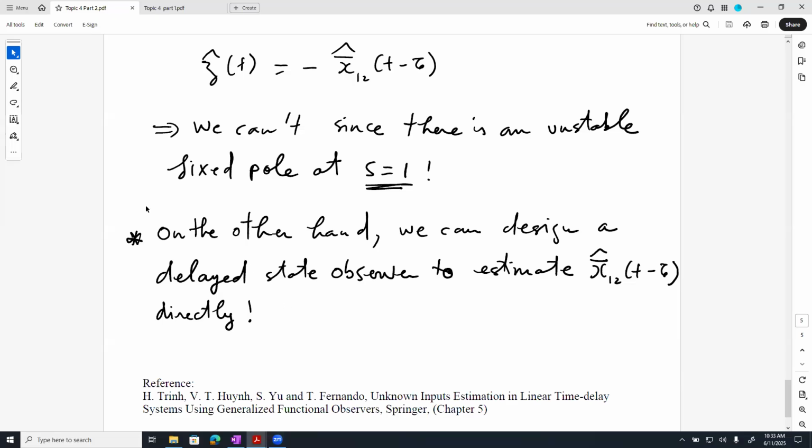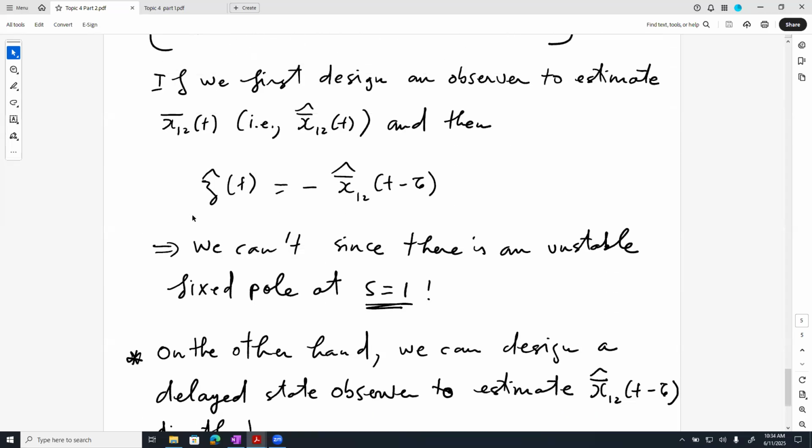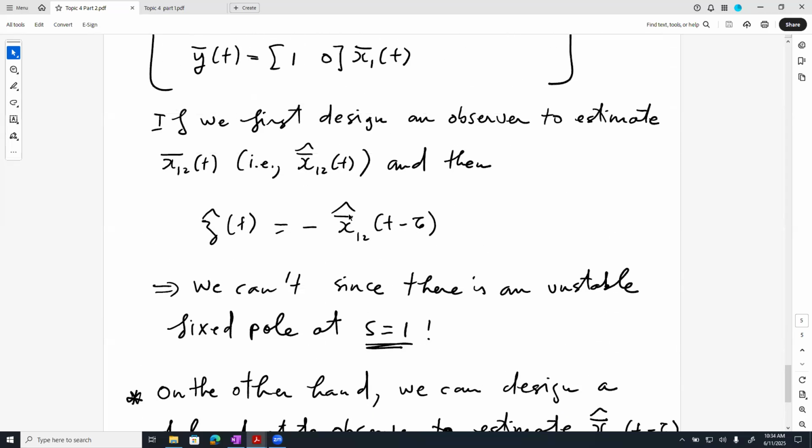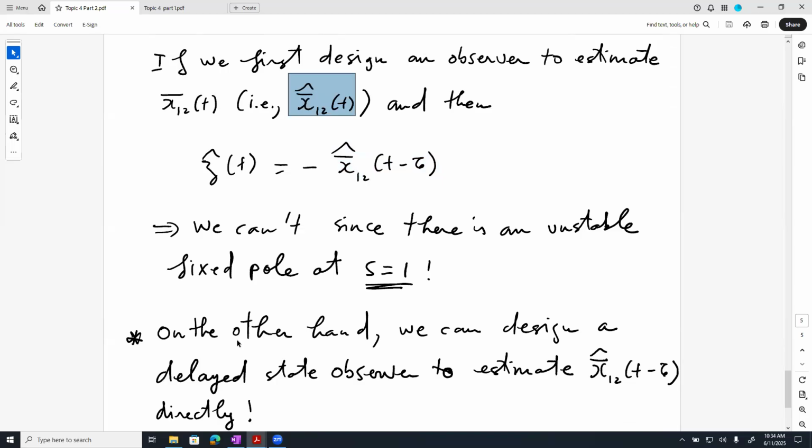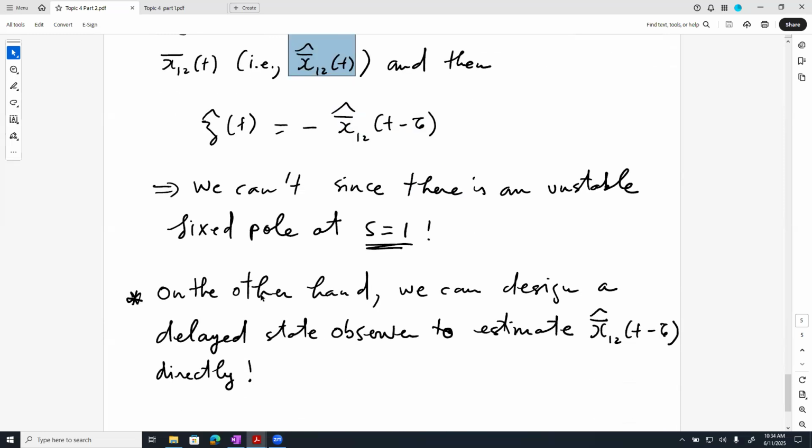So this is the summary. If we want to realize this by first designing an observer to estimate that, and then delaying it, it doesn't work. But we can actually directly design a delay stack observer.